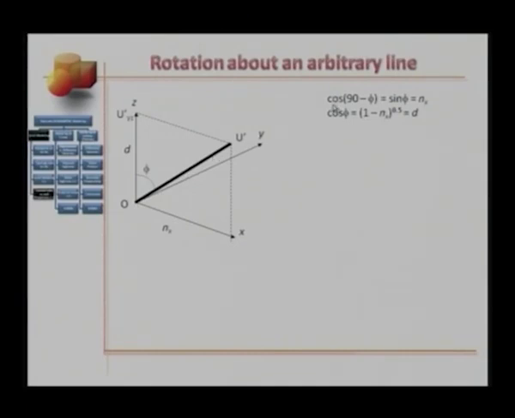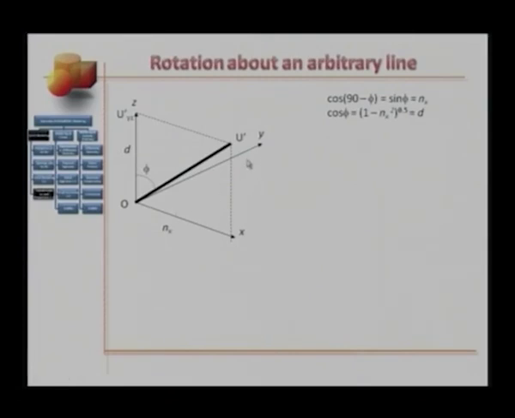In other words, cosine of 90 minus phi equals sine of phi, which is Nx, and cosine of phi will be the square root of 1 minus Nx squared, which is d. Once we have the cosine phi and sine phi terms, all we need to do is construct a rotation matrix about the y-axis.